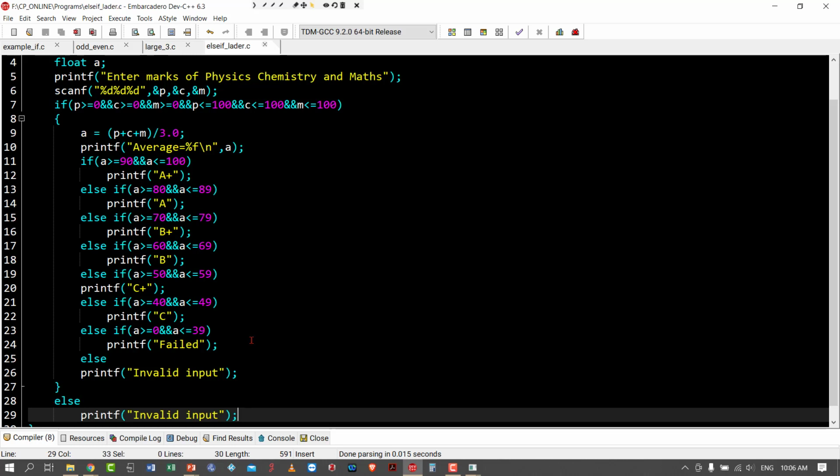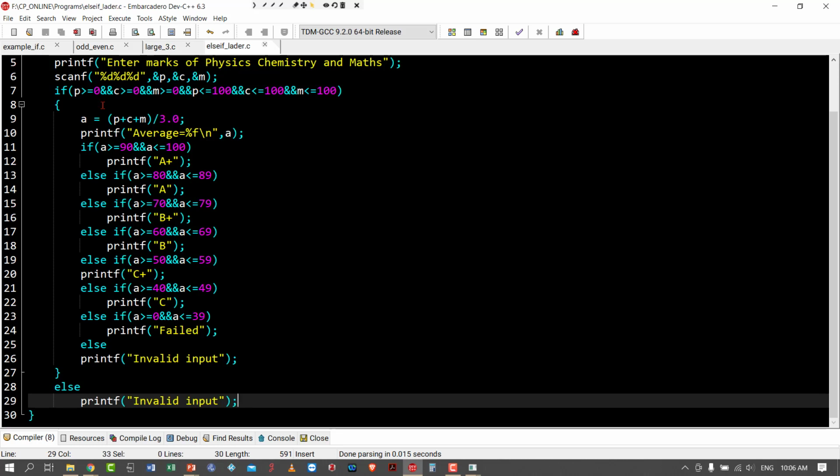One more thing. Using this if condition, we are checking the invalid input, whether it is less than 0 or greater than 100. Using this if else statement, I am checking the invalid inputs. So there is no need of this invalid input here. It is actually of no use.